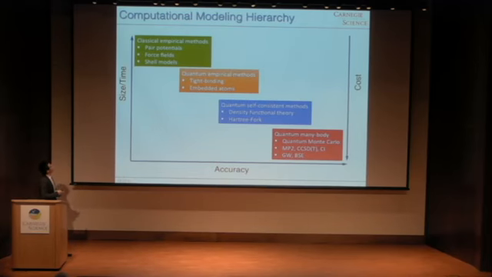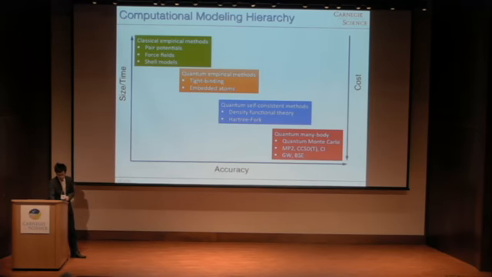So here I show the computational modeling hierarchy. Here we have accurate first principles methods, but at this point, it is too expensive to do finite temperature, large-scale simulation for a long time scale. Here we have less accurate empirical methods, such as molecular dynamics simulations, which are less accurate, but much, much more efficient than these first principles methods.